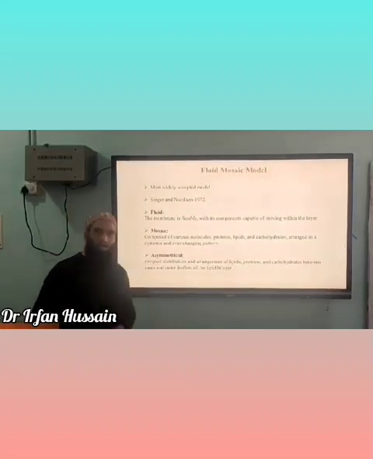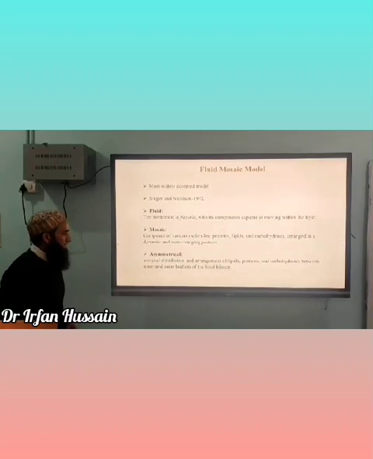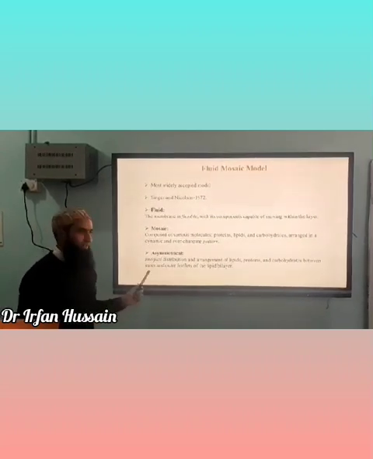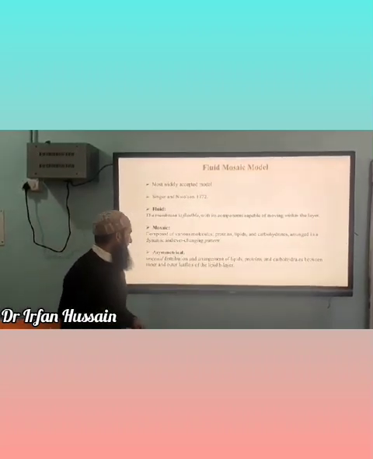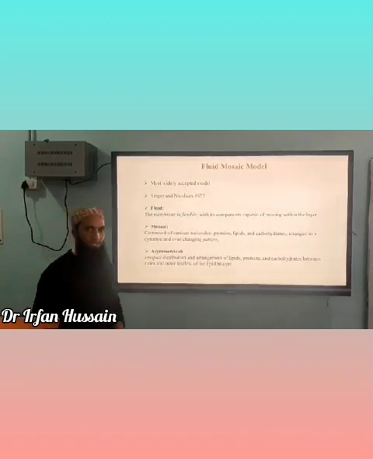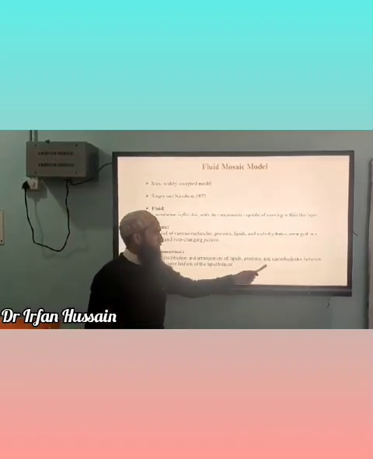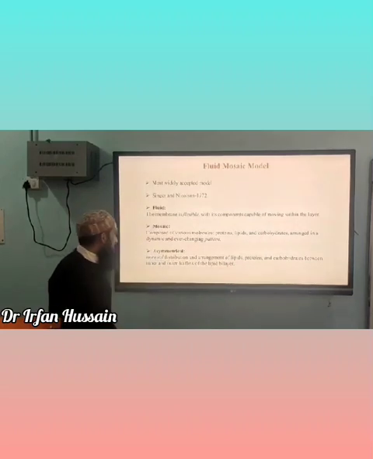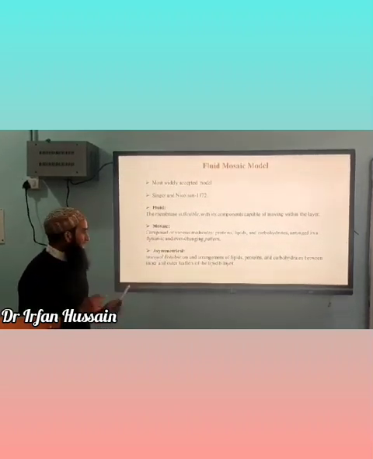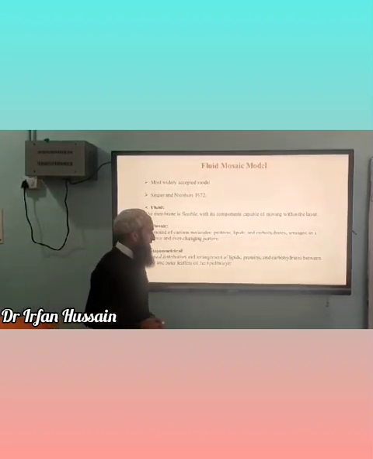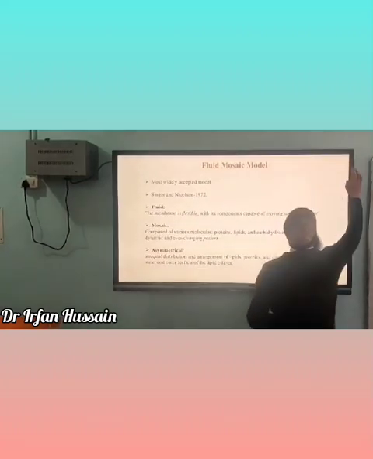Another term you will find in the structure of the plasma membrane is that it is asymmetrical in nature. It means that there is unequal distribution and arrangement of lipids, proteins, carbohydrates between the inner and outer leaflets of the lipid bilayer.